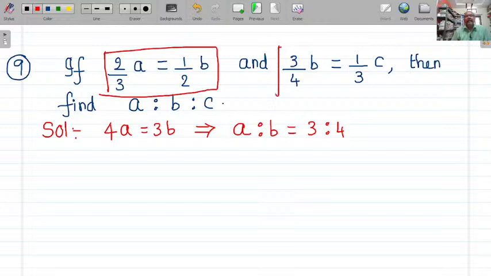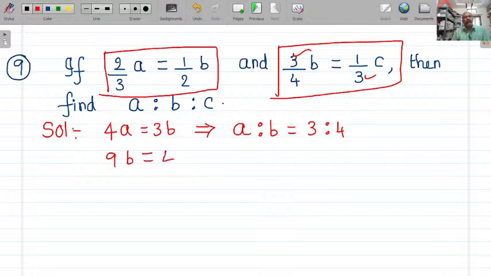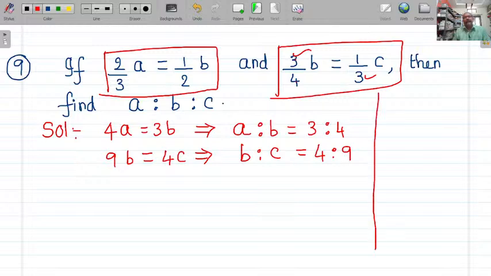So just directly here, see, this we can write 9B, 3 into 3, 9, 4 into 1, 4. That is 4C. So here B is to C, we can write B by C is equal to 4 by 9. That is 4 is to 9. See my dear students, this for our super shortcut: 3 is to 4, this is 4 is to 9.